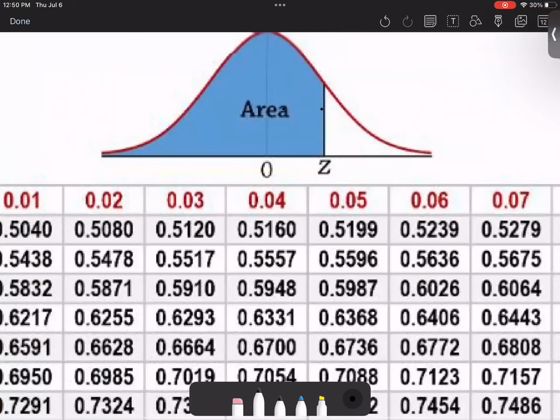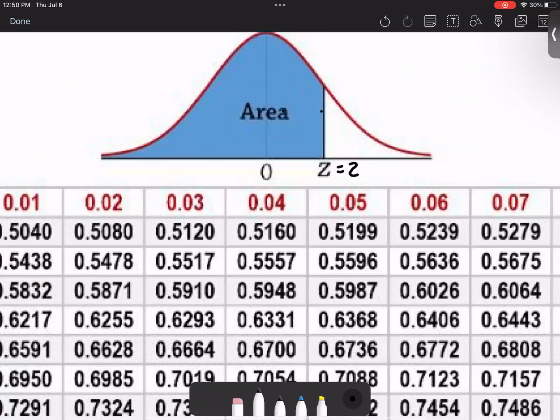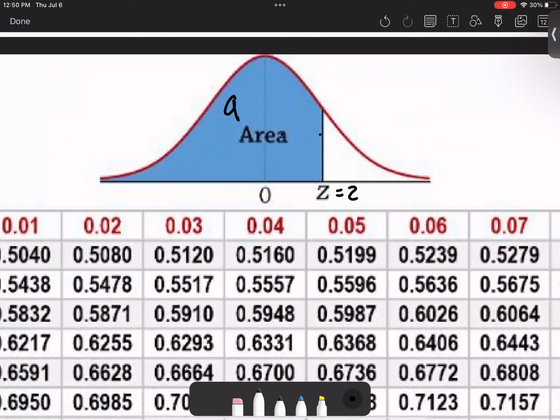So let's go to our picture. If the z-score is 2, then this area is 97.72%. And we wanted this area. Well, if this is a probability distribution, then the area underneath the whole thing has to be 1.